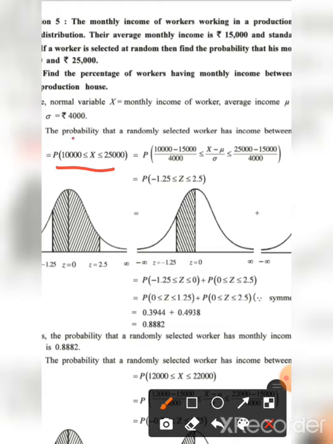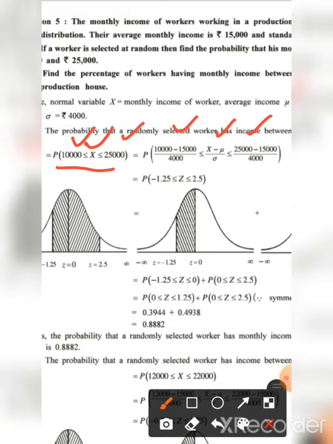So into the formula you are going to put the value of 10,000, put the value of mu and sigma also, that is 15,000 and 4,000. For x2, 25,000, again you are going to put it into the formula, with your sigma and your mu.